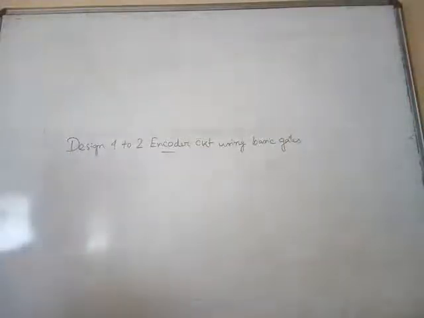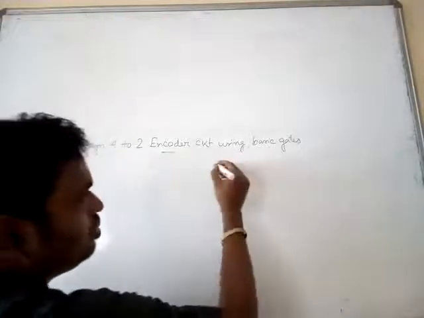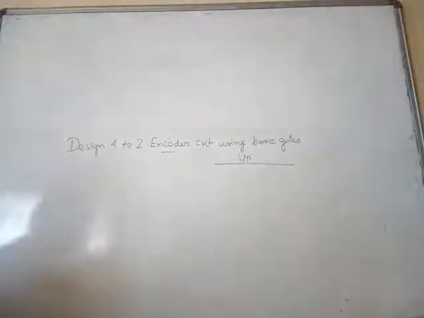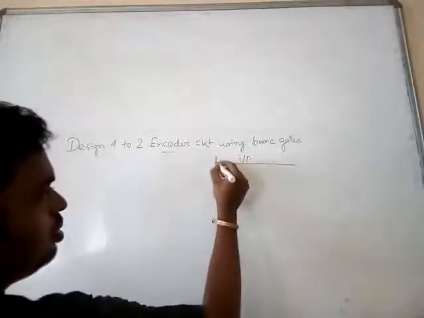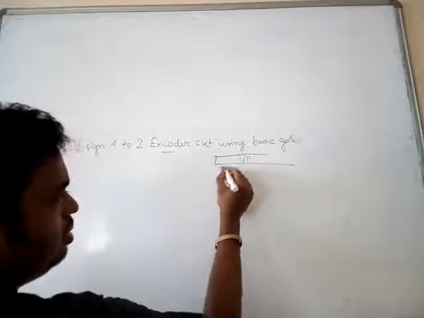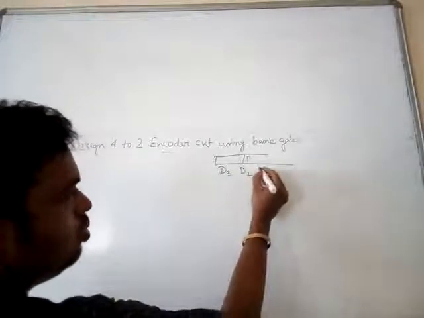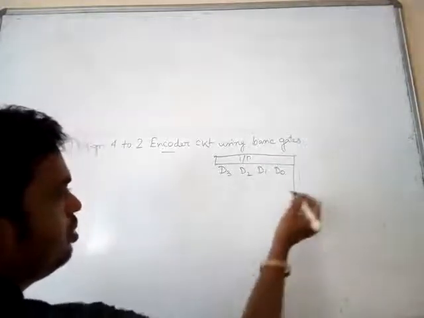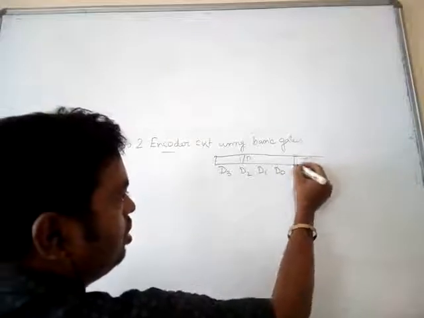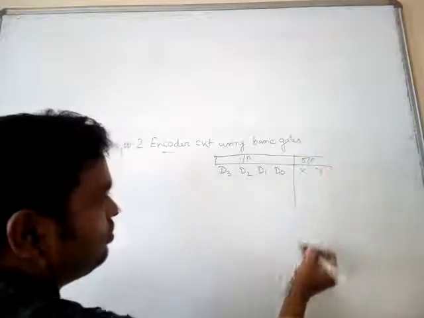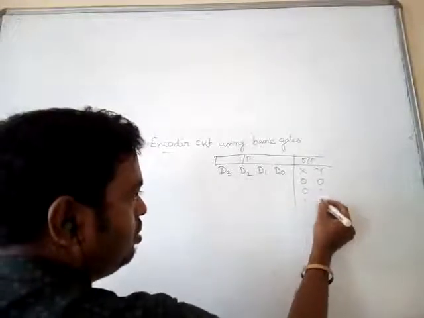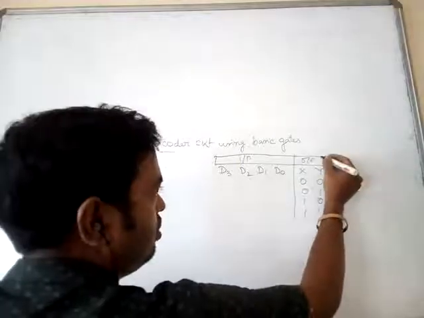So first we do the truth table. As it is 4 input, suppose it is D3, D2, D1 and D0, and 2 outputs X, Y. So the combination is 0 0, 0 1, 1 0, 1 1.